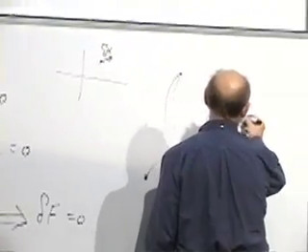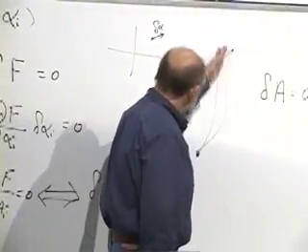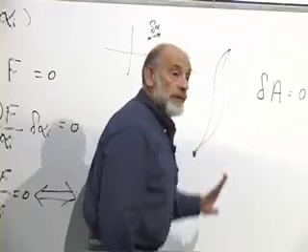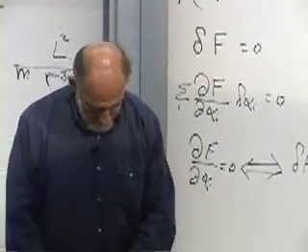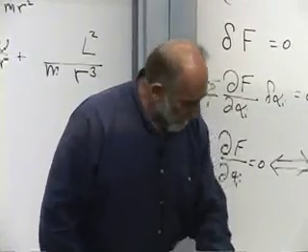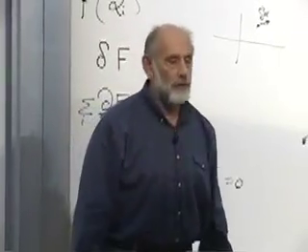That's another way of saying that the action is a minimum with respect to variations of the trajectory away from the actual trajectory. That's just a notation.